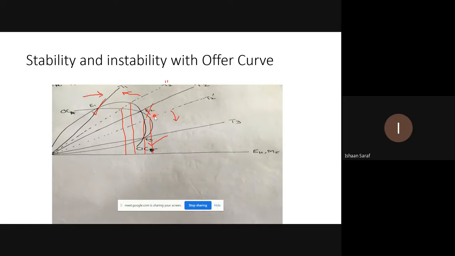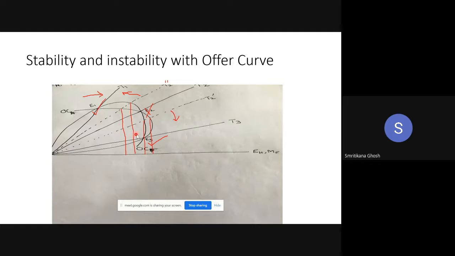Ma'am, why are we moving away from T2 to T2 double dash? No, actually, the T2 double dash is taken as an arbitrary point. Say the initial position is T2 double dash. Then we have to check in which direction T2 double dash will move, whether it will come back to T2 or is going to T1.